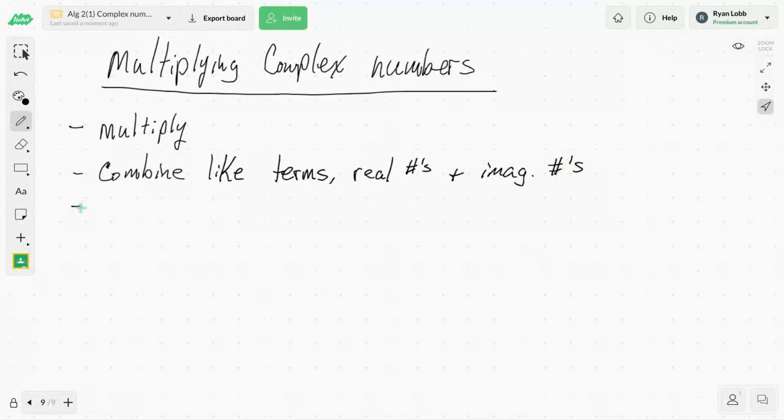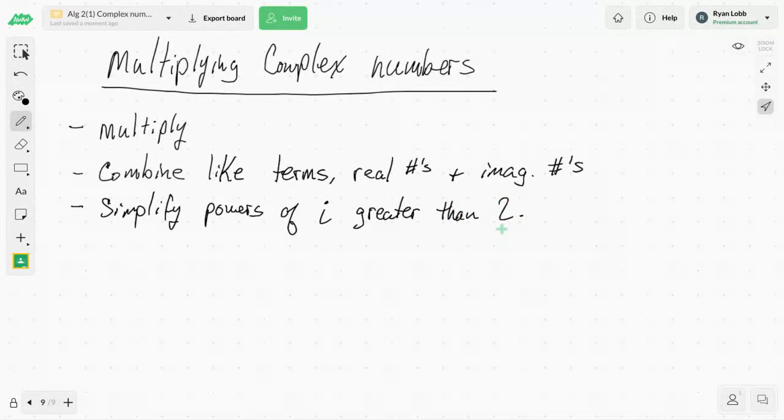We're also going to simplify powers of i greater than 1. Any powers of i that are greater than 1 will simplify, whether it's i squared, i to the third, i to the 10th. So we multiply it out, combine like terms, and simplify our powers of i.